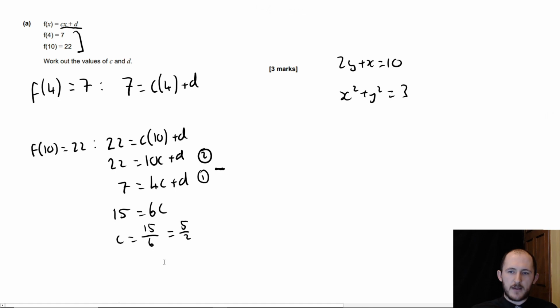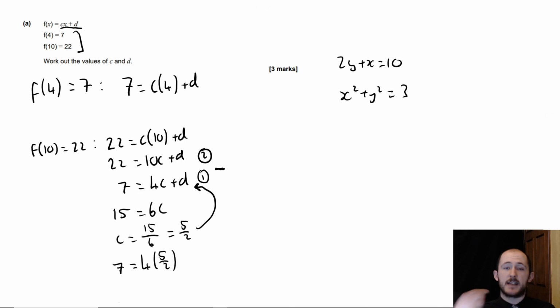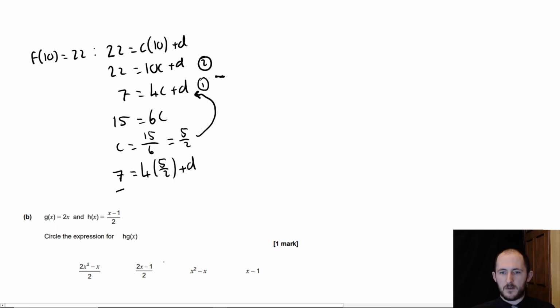And then obviously to work out d, all you're doing is substituting it in. So I'm going to sub it into equation number 1. So we get 7 equals 4 times 5 over 2, because c is now 5 over 2, plus d. So 5 over 2 is 2.5, so times 4 would just be 10.